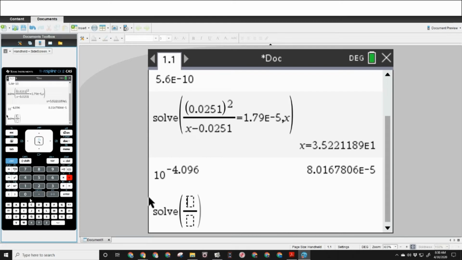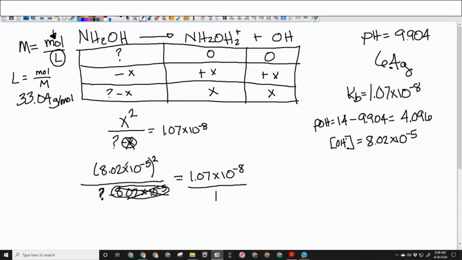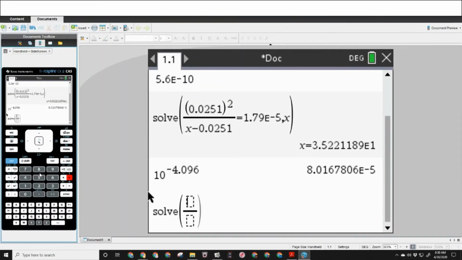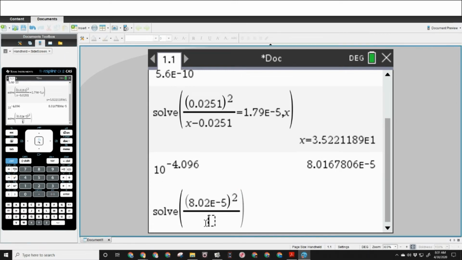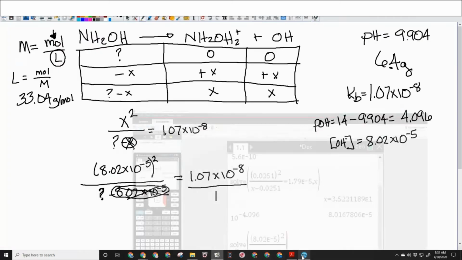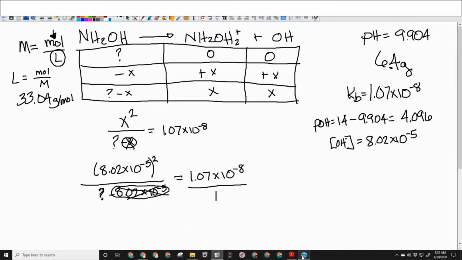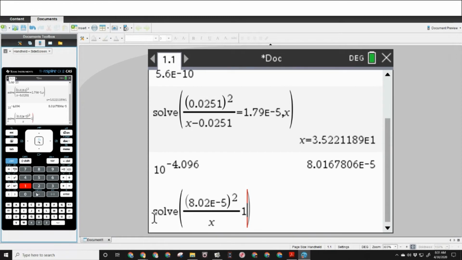It's going to be x squared, so 8.02 times 10 to the negative fifth, and that's going to be squared over x, and that's going to be equal to the Kb, which is 1.07 times 10 to the negative 8.